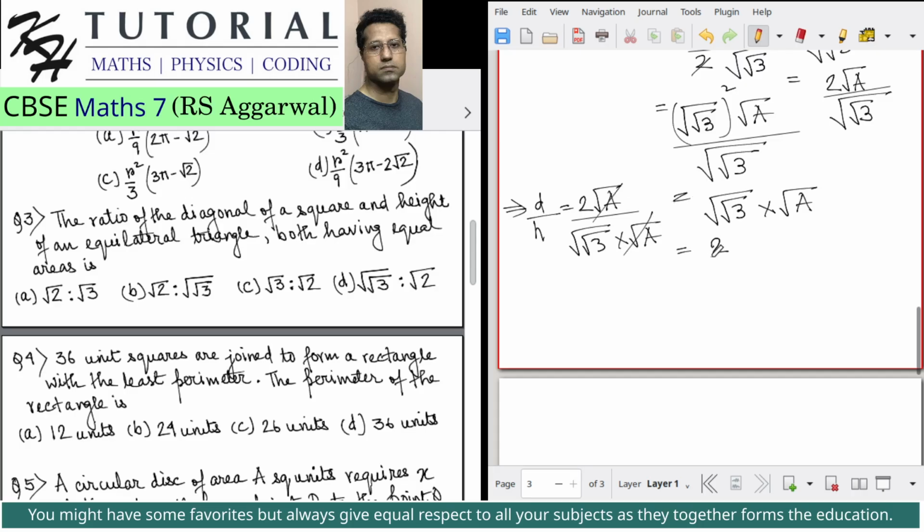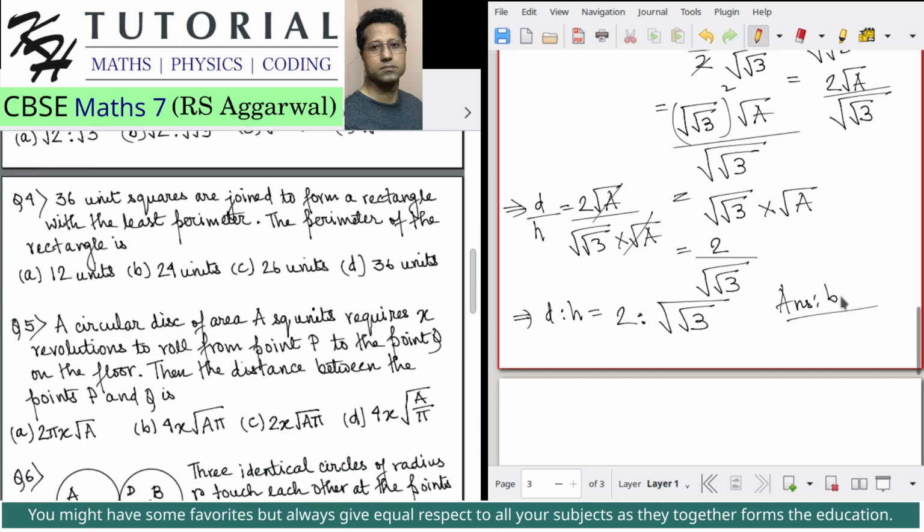This is equal to 2 by square root of 3. So this implies that D is to H is equal to 2 is to square root of 3. So the correct choice is B. B is the correct choice.